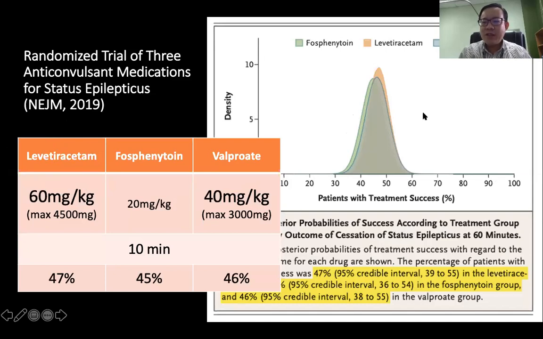Can you tell me what is the dose you use for status epilepticus in levetiracetam? 50 milligram per kg. So if someone is 60 kilograms and you use 50 milligram per kilo, it will be a 3,000 milligram bolus dose.